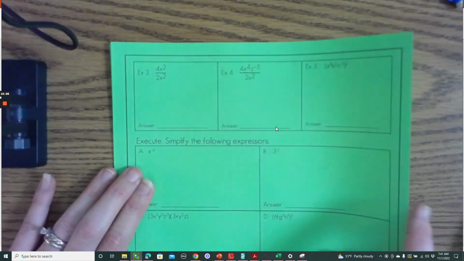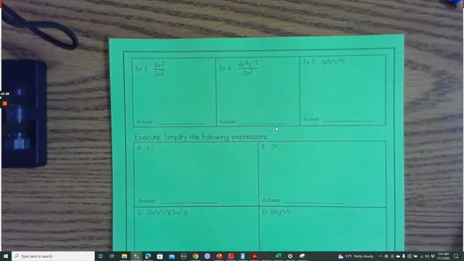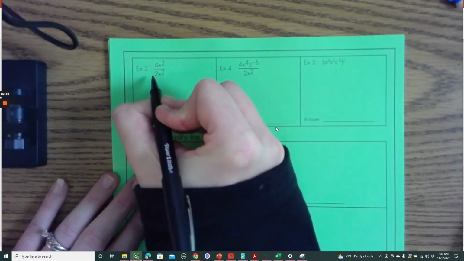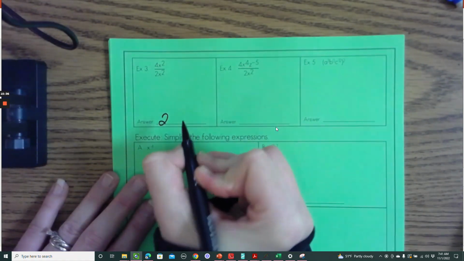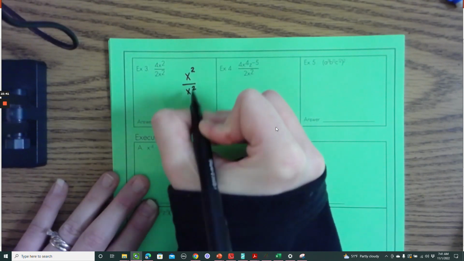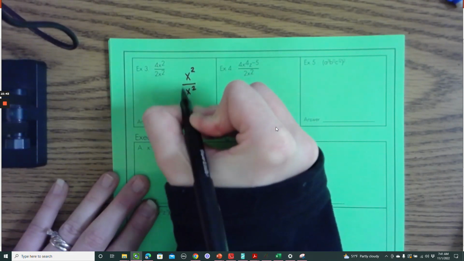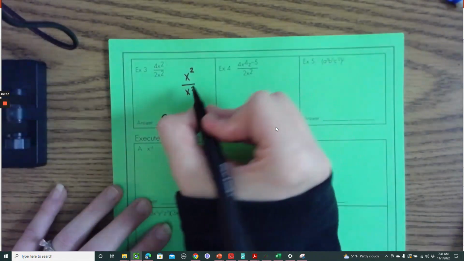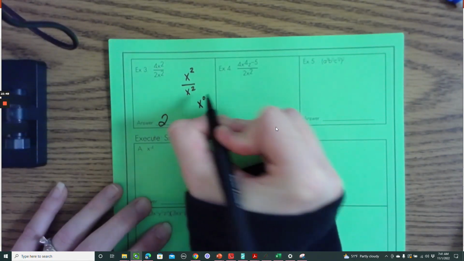All right, so here we've got a division problem, and this is usually where the negative exponents appear. But for this one, remember the coefficients first. 4 divided by 2 is a 2. X squared over x squared. This actually cancels. Remember with division we subtract. 2 minus 2 is a 0, which would leave me x to the 0.